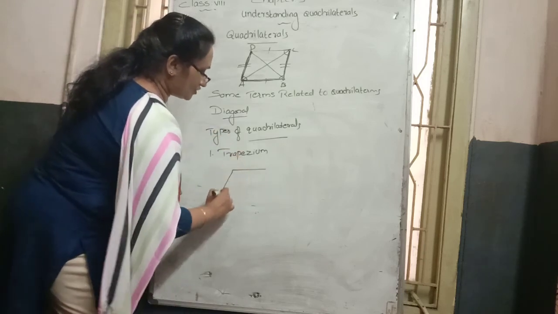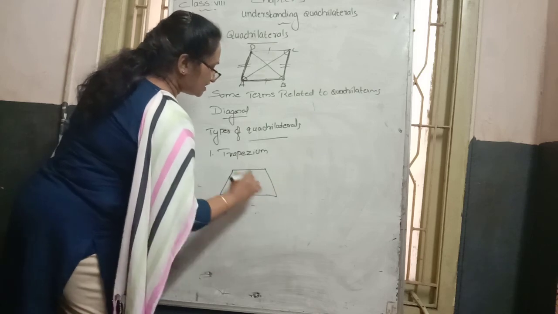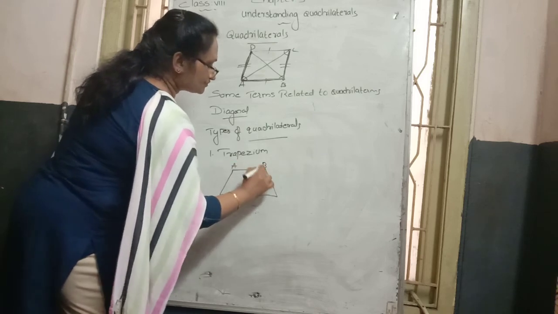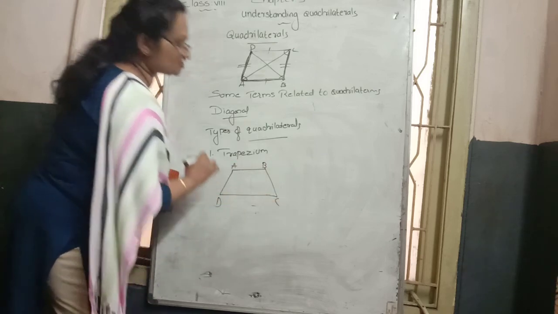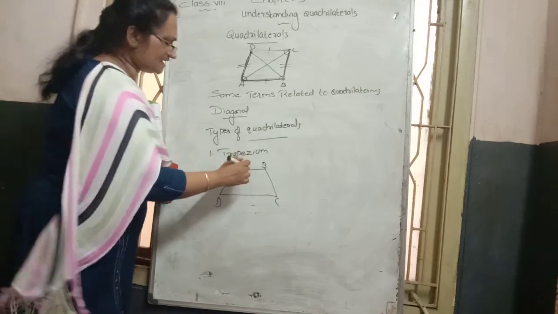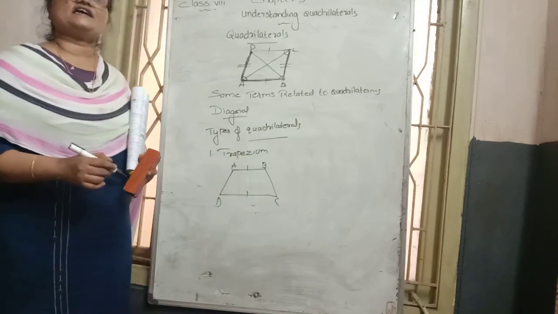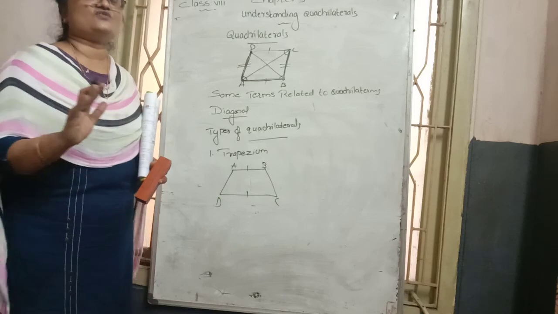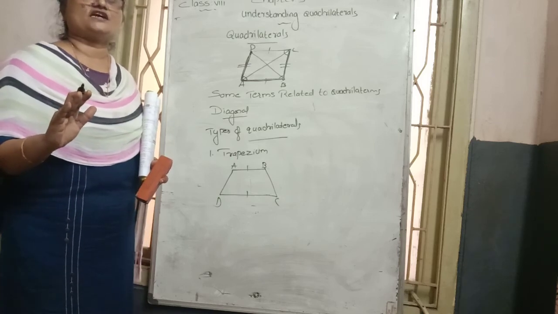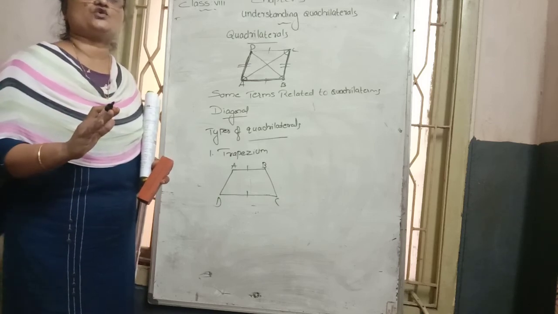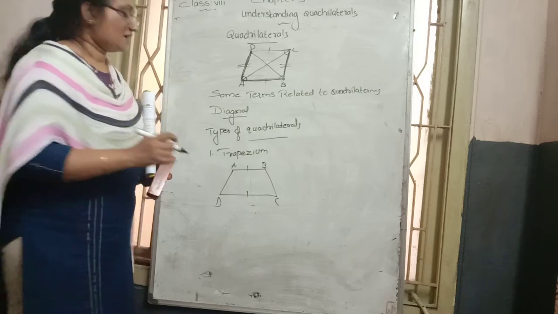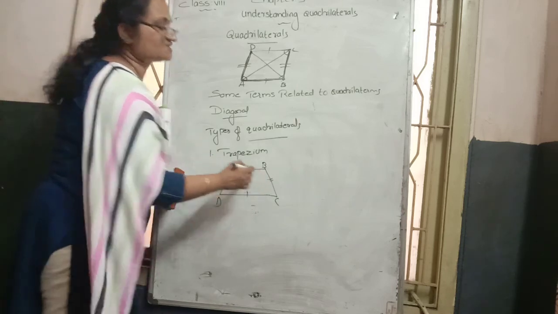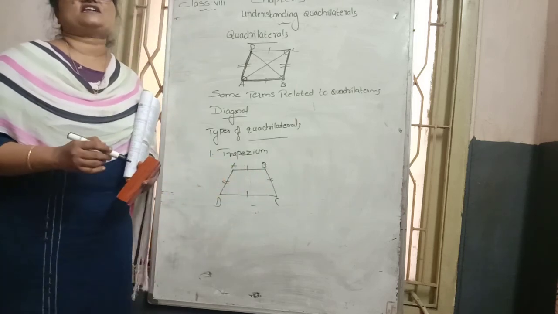The diagram of the trapezium is like this. Here, see, ABCD is a trapezium shape. AB and DC are parallel sides. They never intersect. That's why we call the AB line and DC line parallel sides. But AD and BC are non-parallel sides.